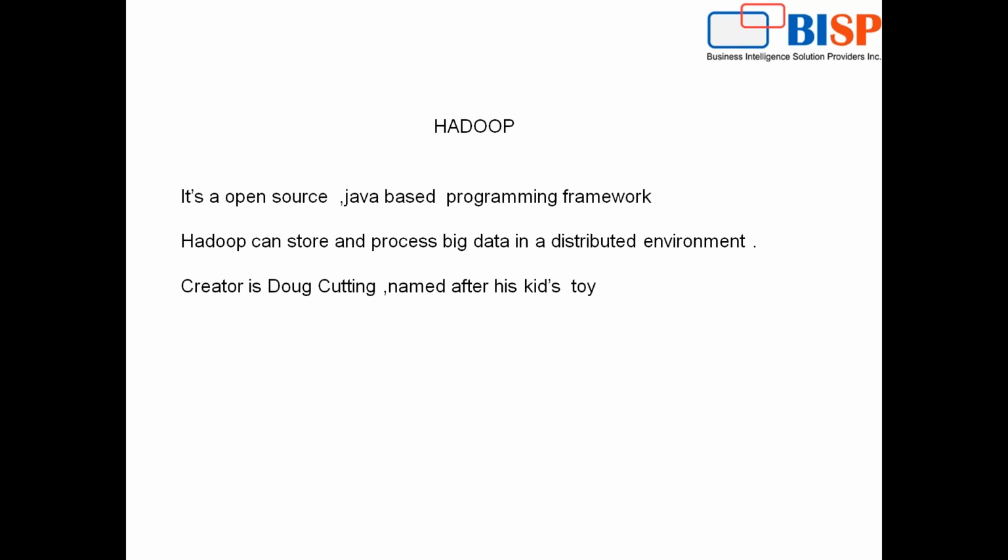So that is the scope of Hadoop that we can visualize for the future. Okay, so if you go online or just search for Hadoop, you see a small baby elephant picture, right? That is just the name of the toy of the creator, Doug Cutting's kid. All right, so I'm sure you can now differentiate between big data and Hadoop.